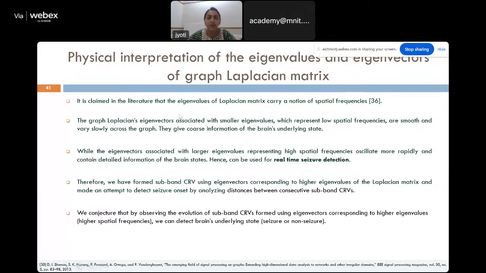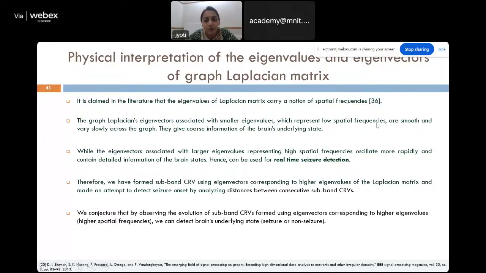So it is claimed in the literature that eigenvalues of the Laplacian matrix carry a notion of spatial frequencies. The higher eigenvalues represent high spatial frequencies, and the smaller eigenvalues of the Laplacian matrix carry the notion of low spatial frequency.